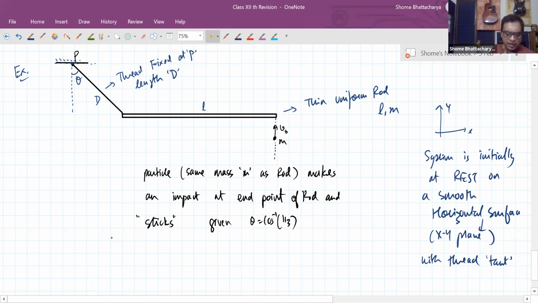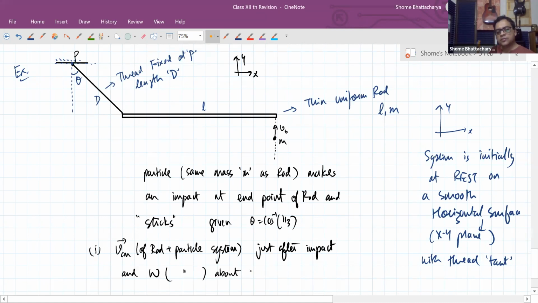Given theta is cos inverse of 1 by 3, we have to find, first of all, the tension in the string immediately after the impact, and we'll also find the angular velocity of the rod plus particle system about its center of mass just after impact.